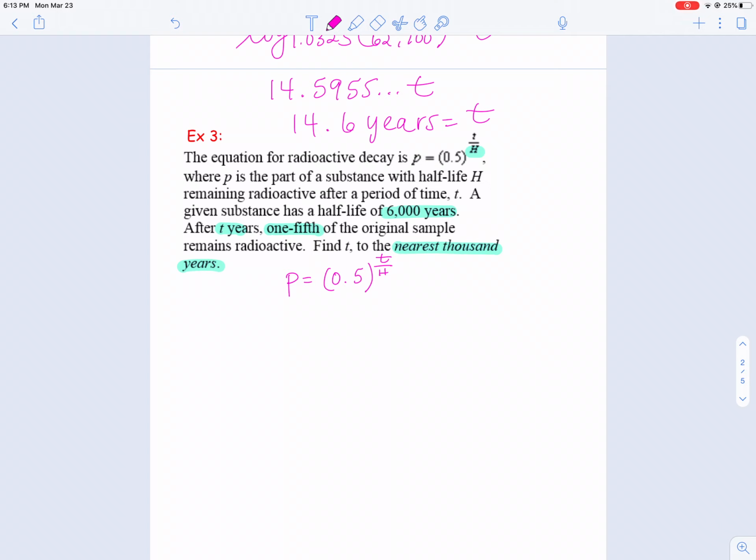You want to know 1/5 of the original sample. That's what's going in for your P. 1/5 of your original sample. What's the original that they told you? Your original is, they tell you 1, right? A given substance. It's 1, 0.5, and now you're going to have your half-life of 6,000.